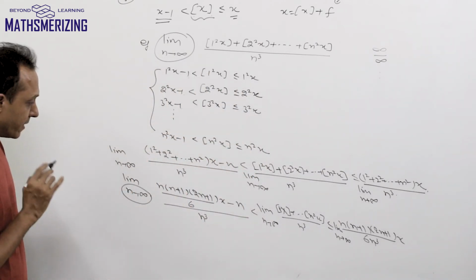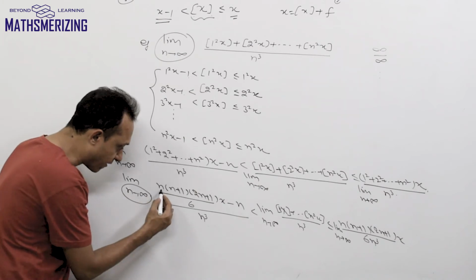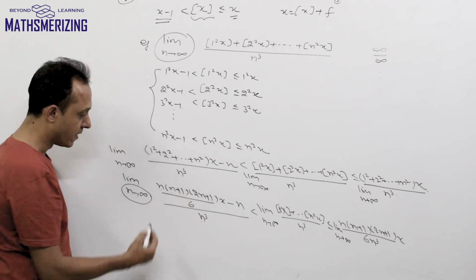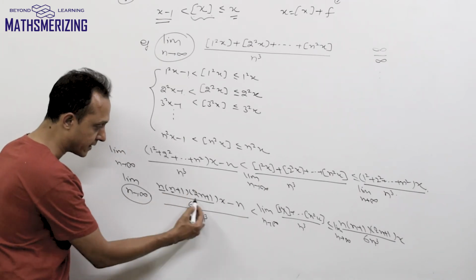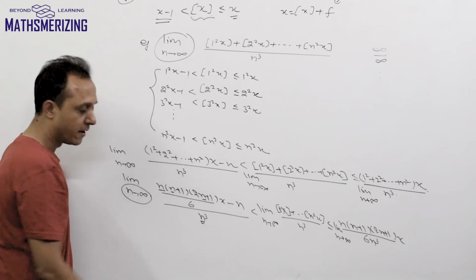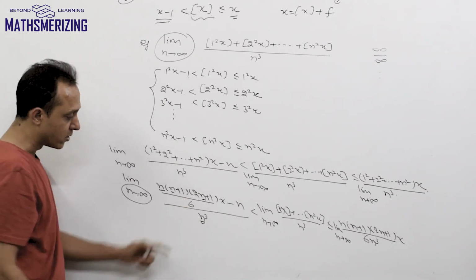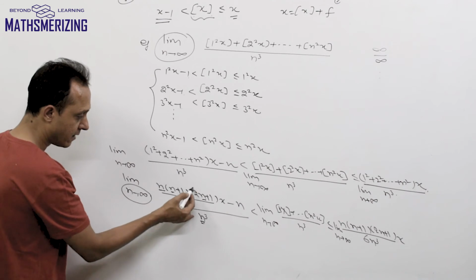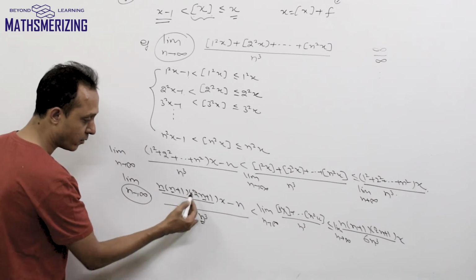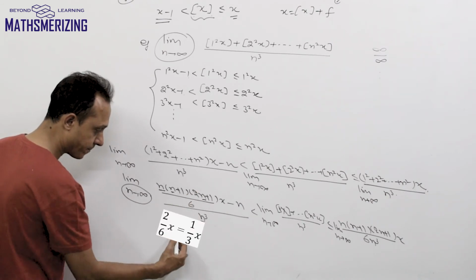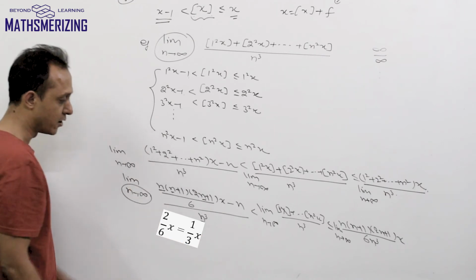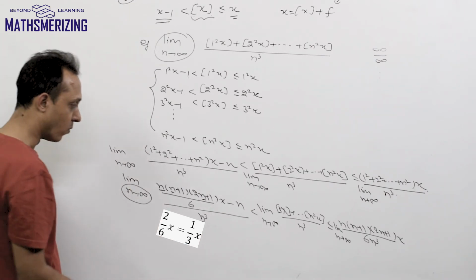Now in an infinite limit, if the degree of numerator and denominator is the same, so the degree of numerator is 3 and the degree of denominator is also 3. So the answer to this limit simply will be the leading coefficient of n cube in the numerator, which is 2 by 6 x, over the leading coefficient of n cube in the denominator, which is 1.